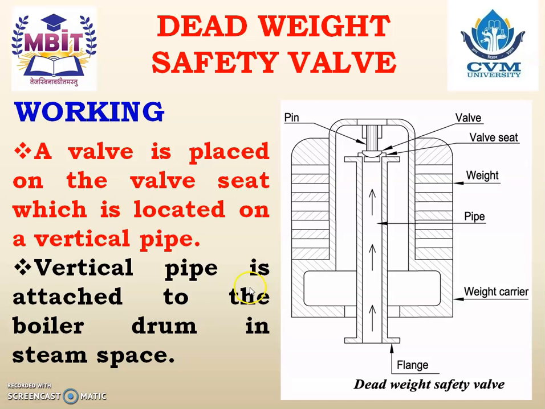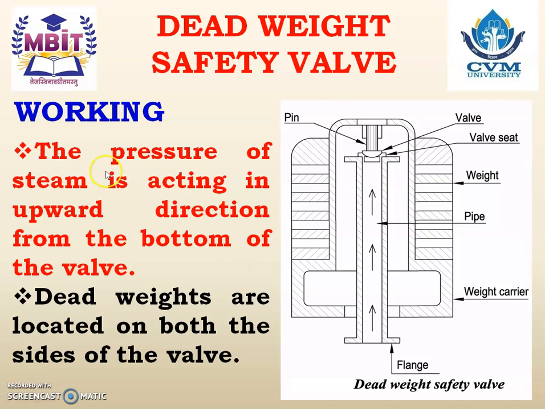This vertical pipe is attached to the boiler drum in the steam space. So the steam enters the vertical pipe and exerts pressure in the upward direction on the valve, from the bottom of the valve.